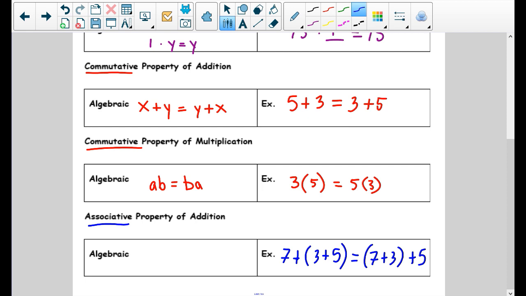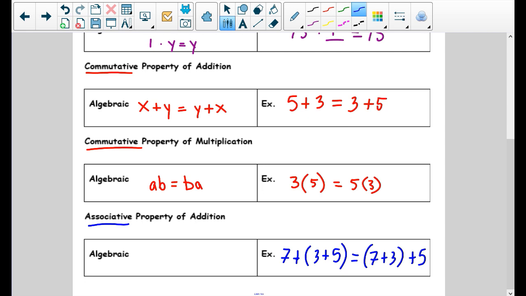Because 7 plus 3 is 10, and then 10 plus 5 is 15. So that might be a little easier to add than if I had it this way. Does that make sense? So what's being grouped together changes a little bit. The numbers didn't change, right? I still have 7, 3, and 5 I'm adding. The only thing that changed is what was grouped together. I didn't write the algebraic.